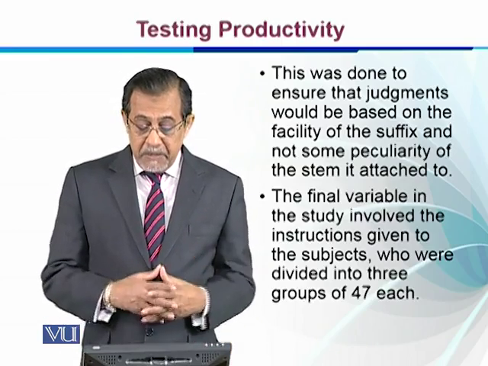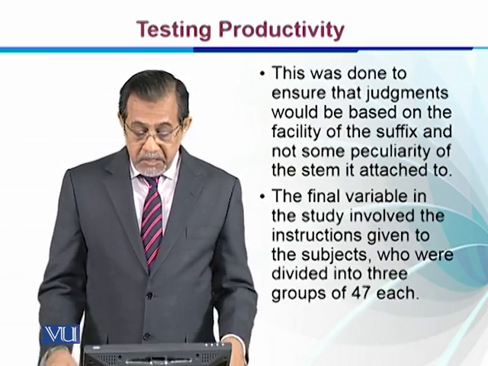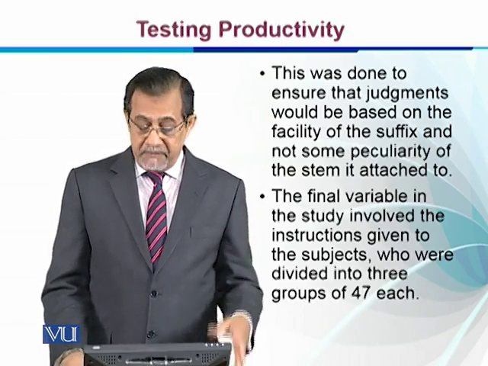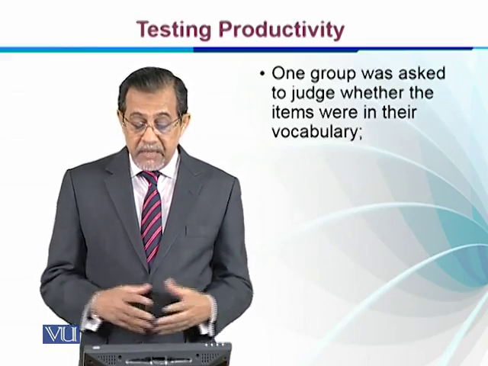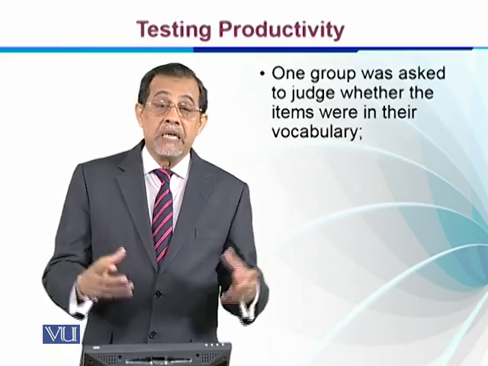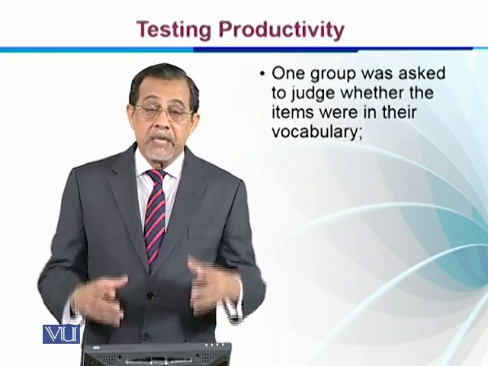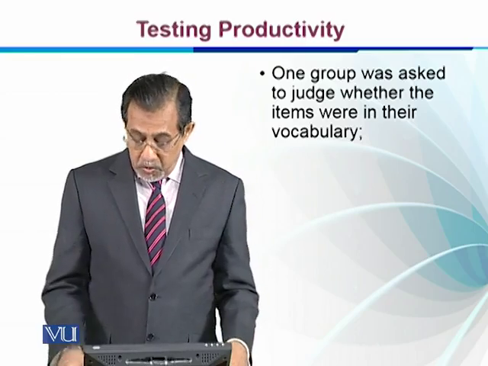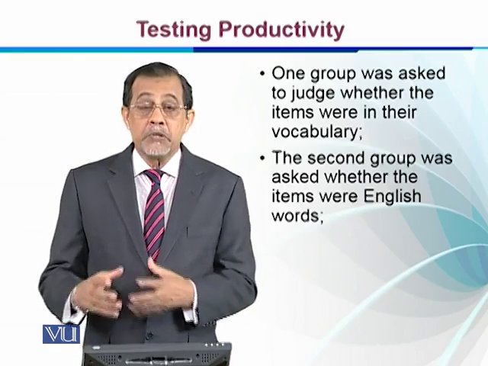The final variable in the study involved the instruction given to the subjects, who were divided into three groups of 47 each. One group was asked to judge whether the items were in their vocabulary. So they were asked whether they are already familiar with these words or not, whether they are in their mental lexicon or not. The second group was asked whether the items were English words.